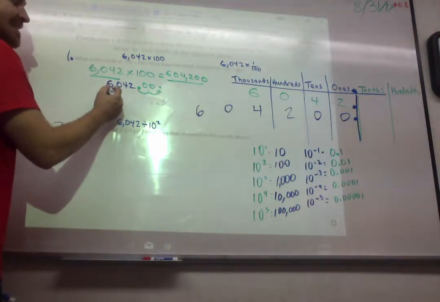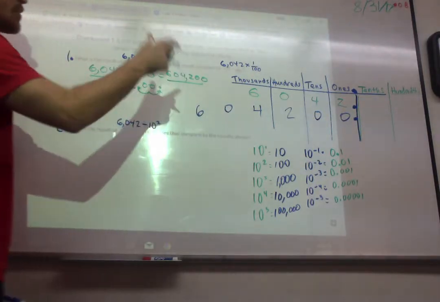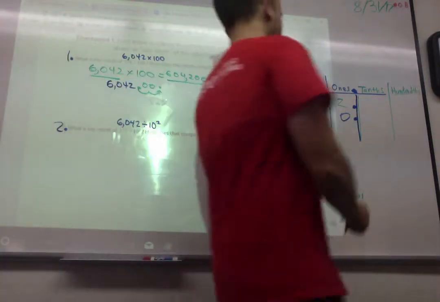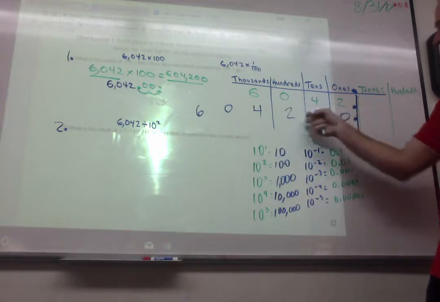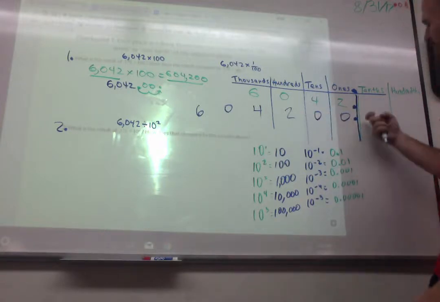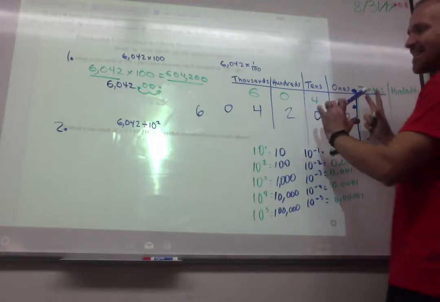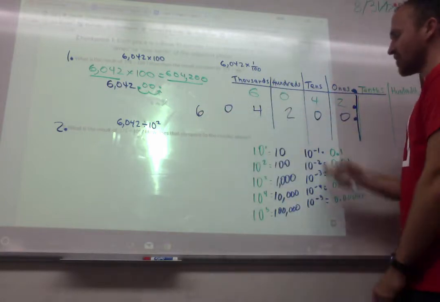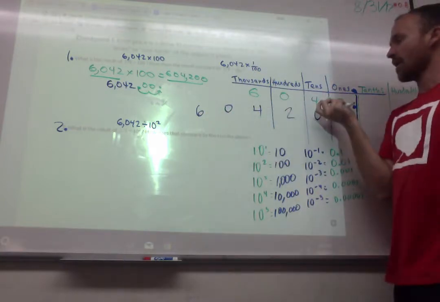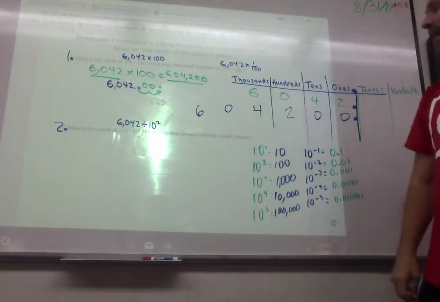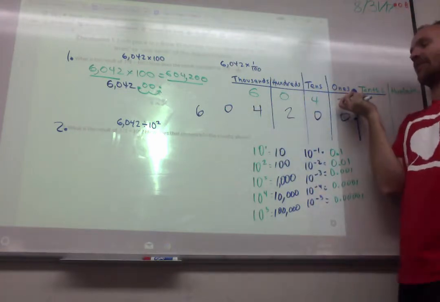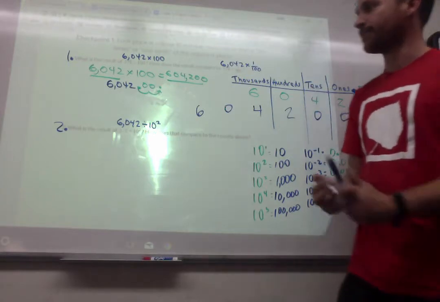That number is now 604,200. I made it 100 times bigger. Yes, you can think about the decimal point moving, but a better way to think about it is the place values change. The digit is the same. This 4 tens got 100 times bigger. Now it's 4,000. This 2 got 100 times bigger. Now it's 200.